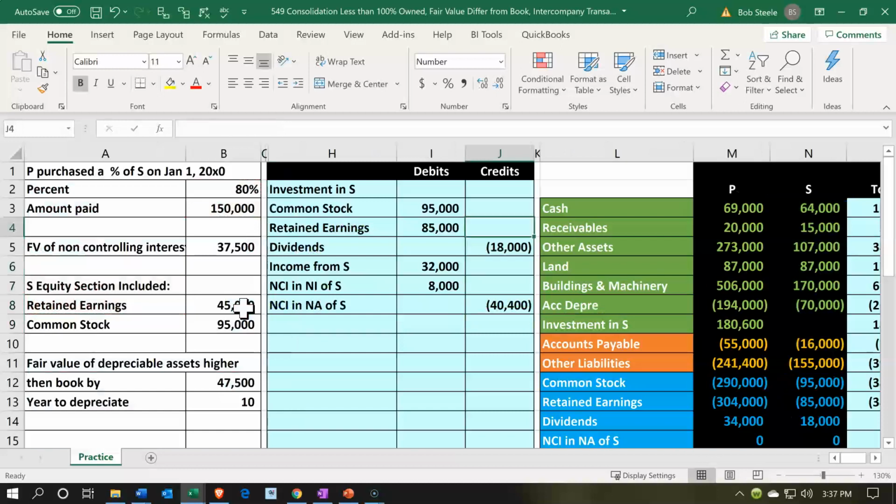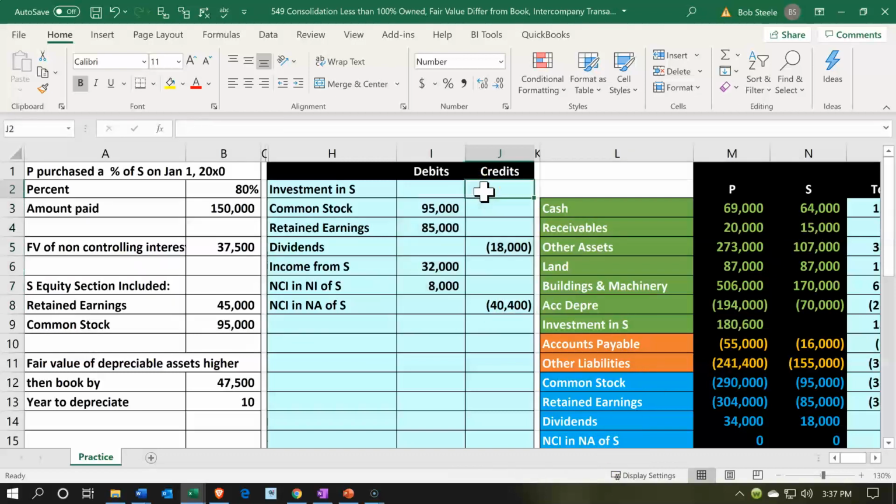And then up top, you can think about this as the plug that you'll need, which is going to be the 161, or you could recalculate it, right? This is that whole thing times 80%. So the 80% interest, in other words, I could take this times 80%.